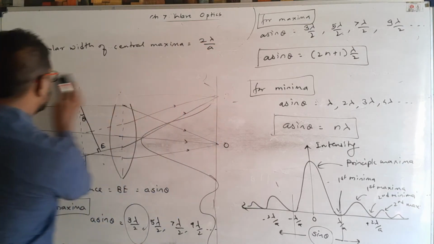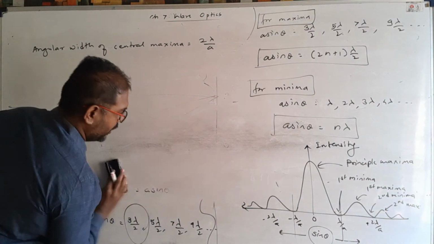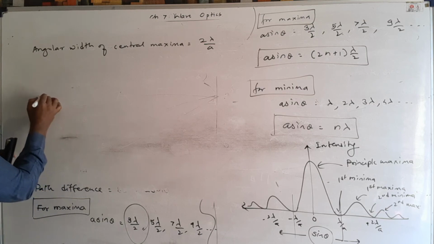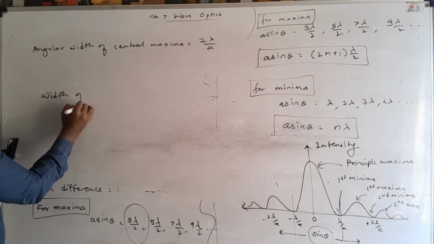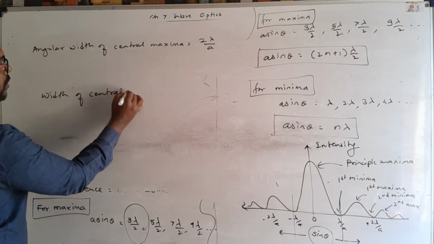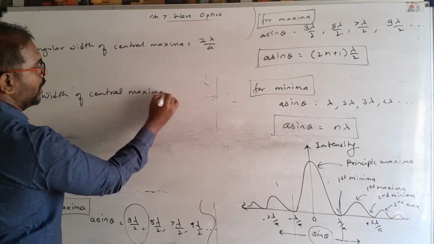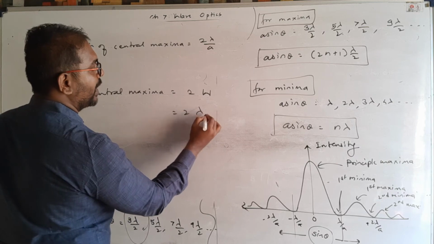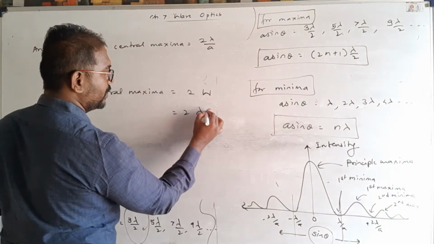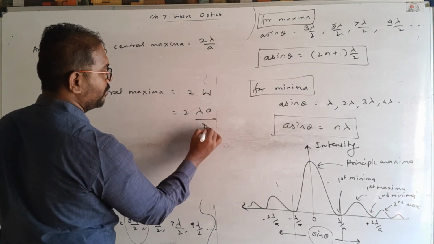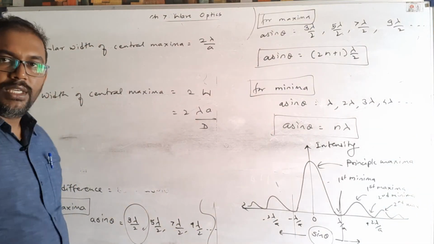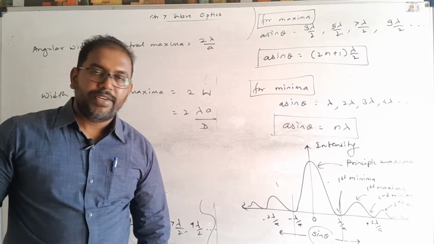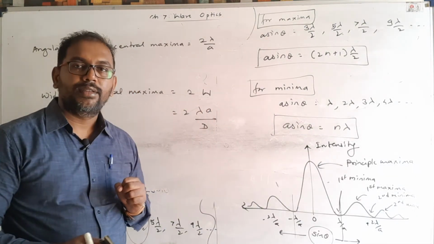So in terms of distance, the width of the central maxima is equal to 2 into this bandwidth. So 2 into lambda into this d by capital D. So here we know the fringe width formula, lambda D by d.